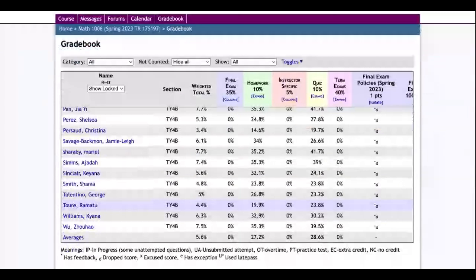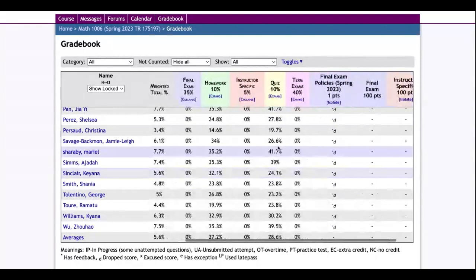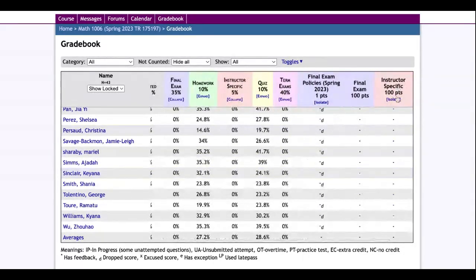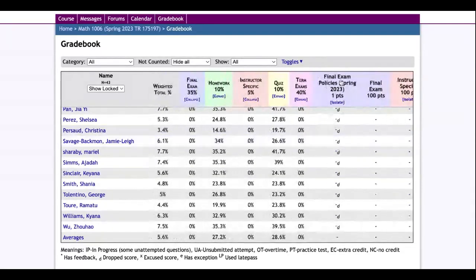All right, let's see if anyone has any questions. Is it counted towards our grade? I don't really see it on the grade book, but you see here, you have something called instructor specific, 100 points. Final exam policies. Okay, I guess this is a little quiz. Term exams.